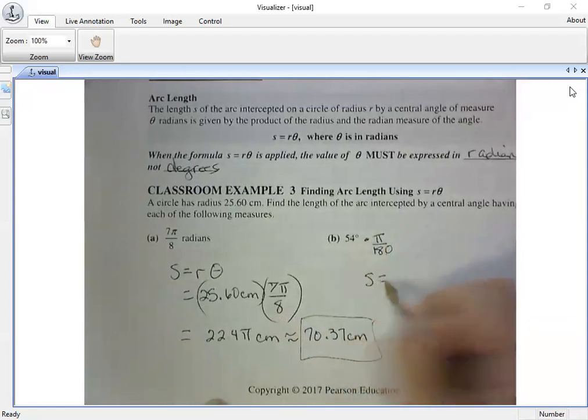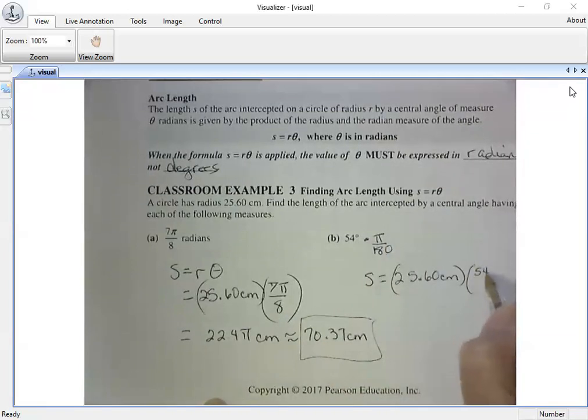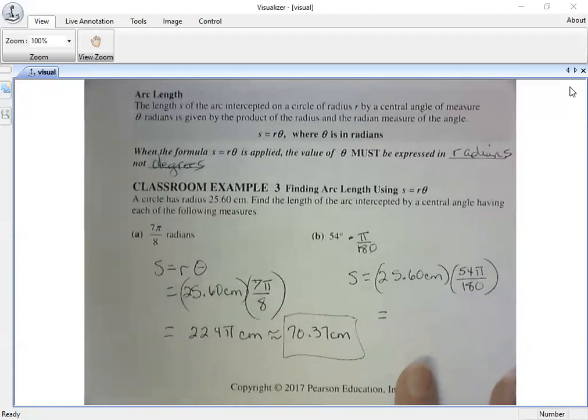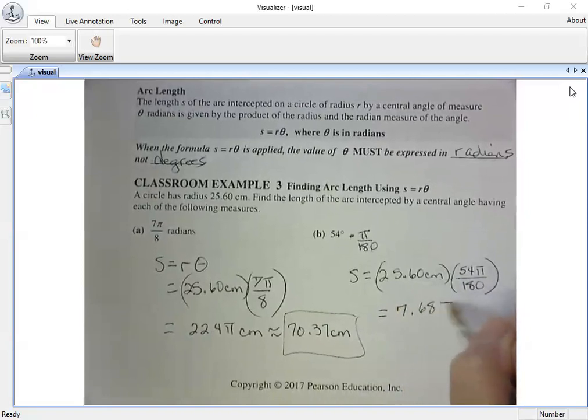I think you can. That to me would be easier to do it that way. So if I'm plugging in here, I have my 25.6 centimeters that I want to multiply times 54 pi over 180. So let's get the exact measure. You tell me what you come up with that should include a pi in it. Y'all getting 7.68 pi?